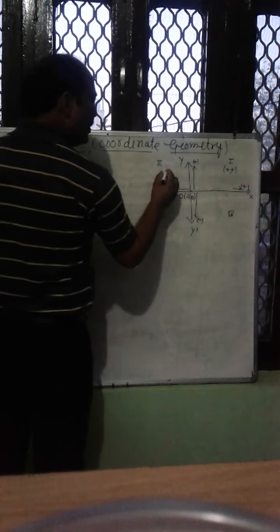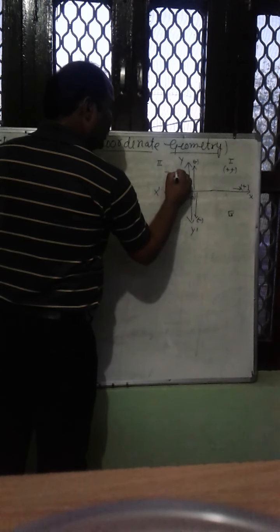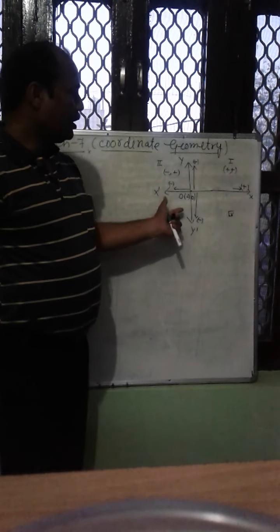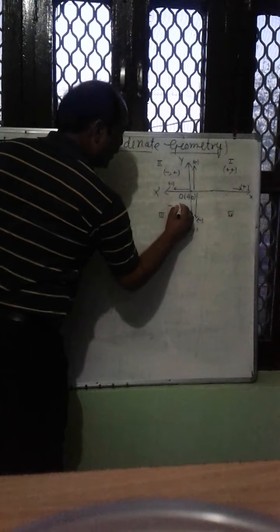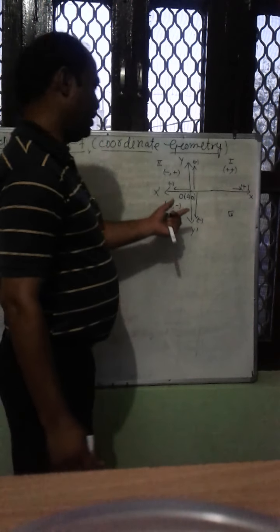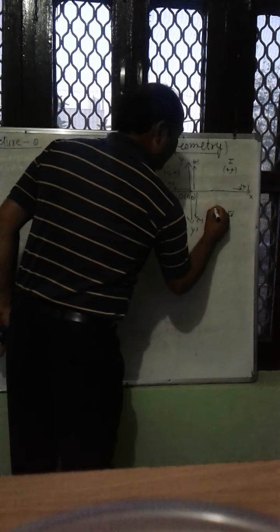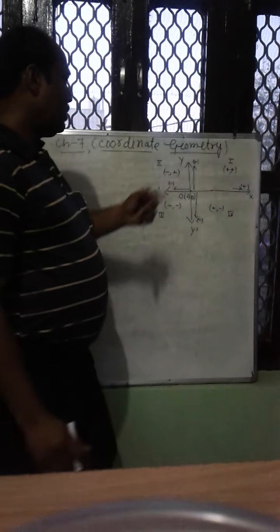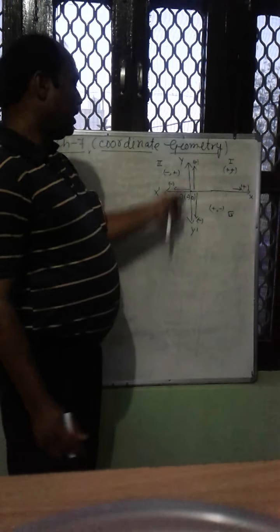In the second quadrant, x is negative and y is positive. In the third quadrant, both are negative, and in the fourth quadrant it is plus and minus. These are the four quadrants.